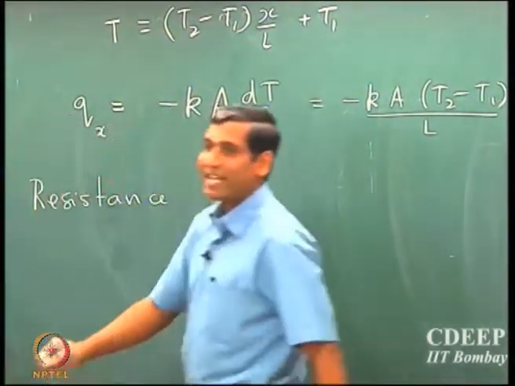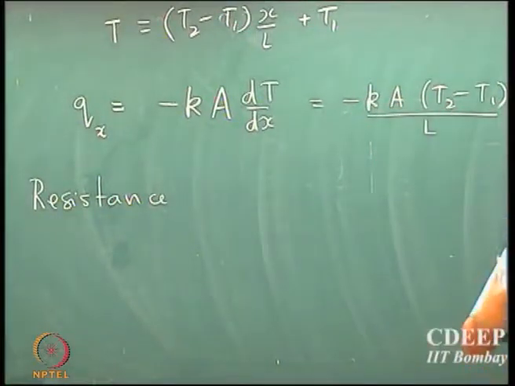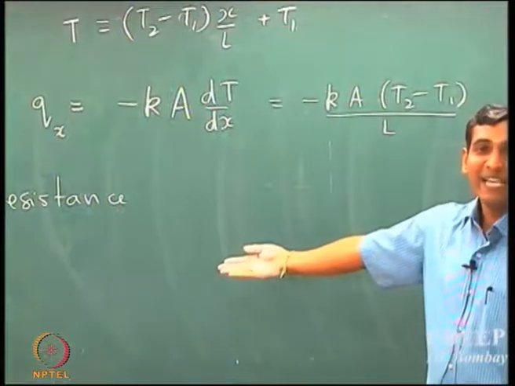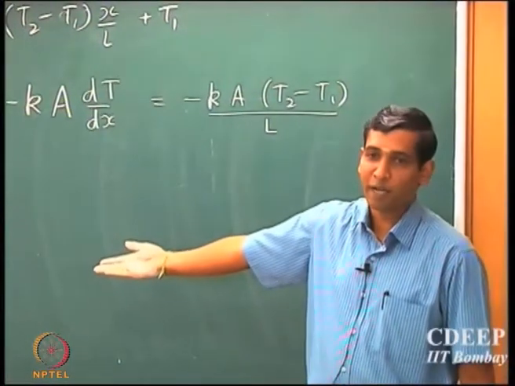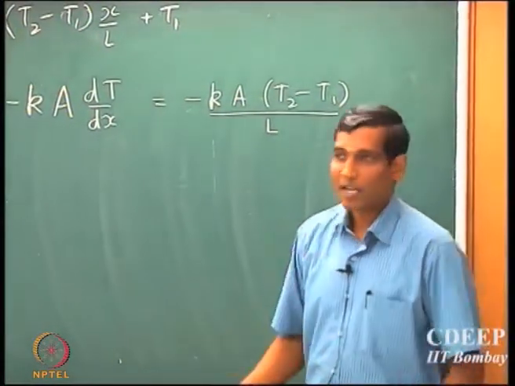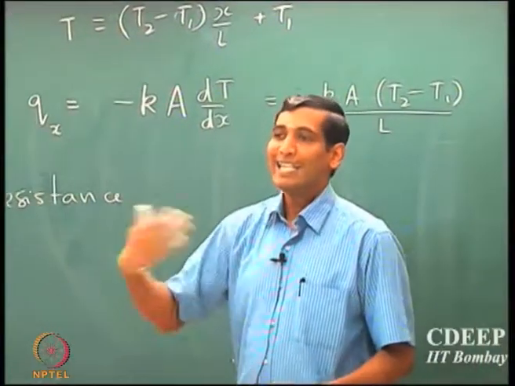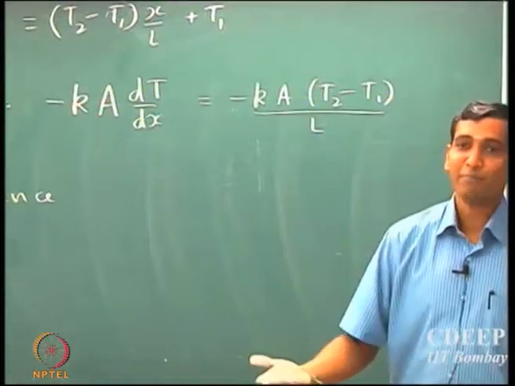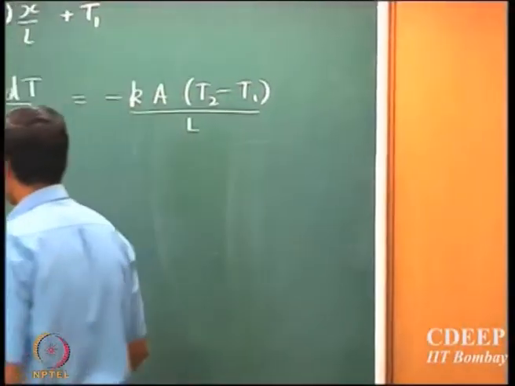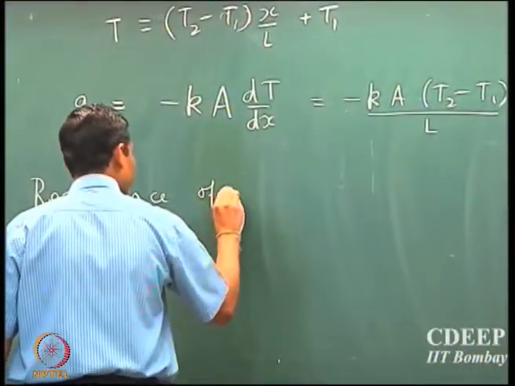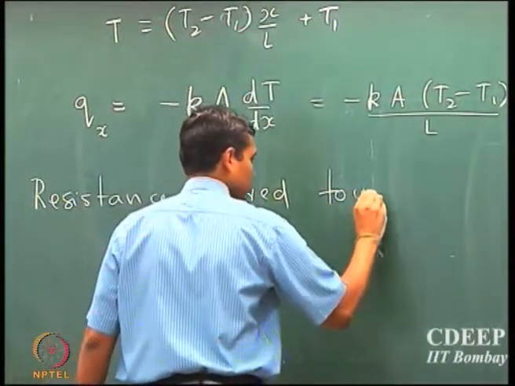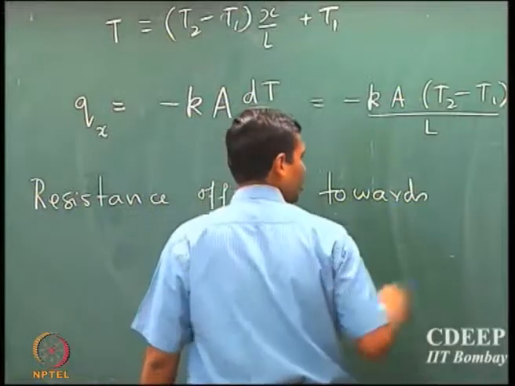A clean and elegant way to capture one of the competing processes is to calculate the resistance offered by that particular system for that process. It's similar to what you would have seen in electrical engineering or the electricity you studied pre-JEE. So you can find out the resistance offered towards conduction.